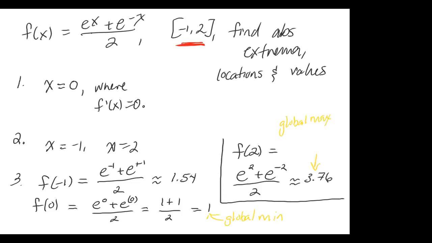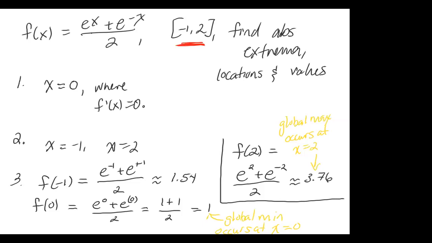The global minimum occurs at x equals 0, and the global maximum occurs at x equals 2. So we use the extreme value theorem to find those.